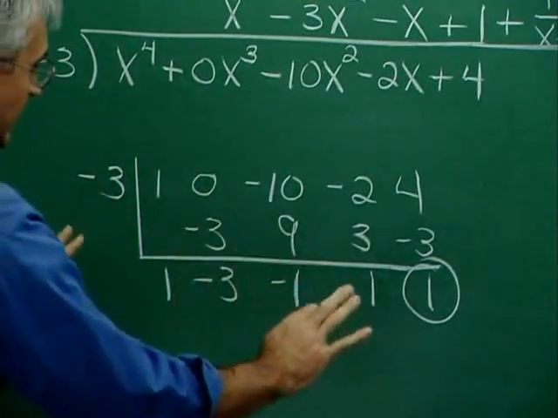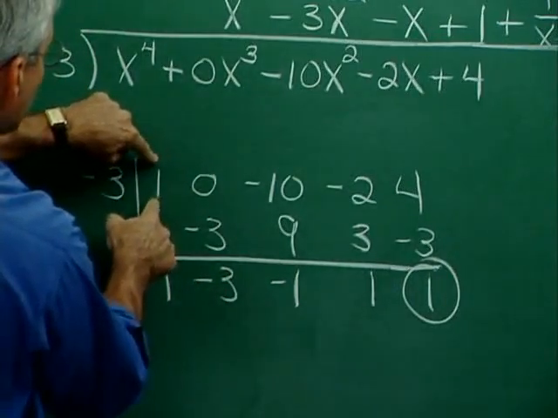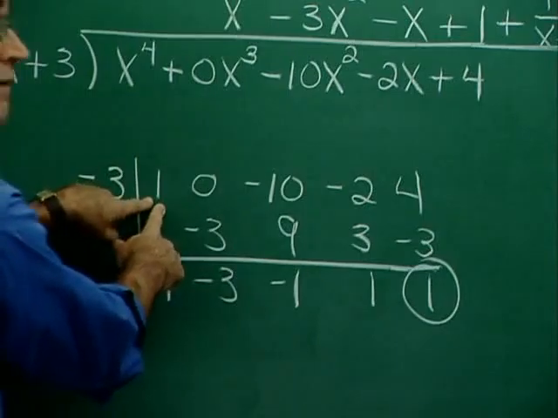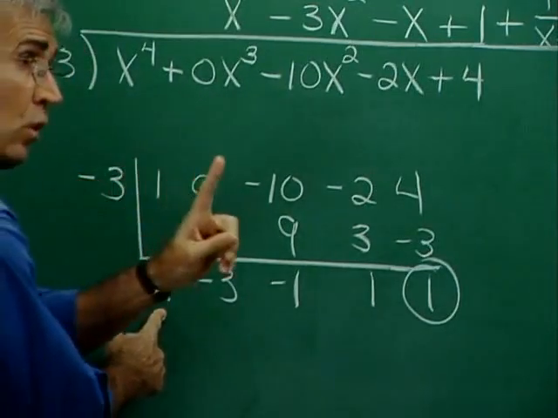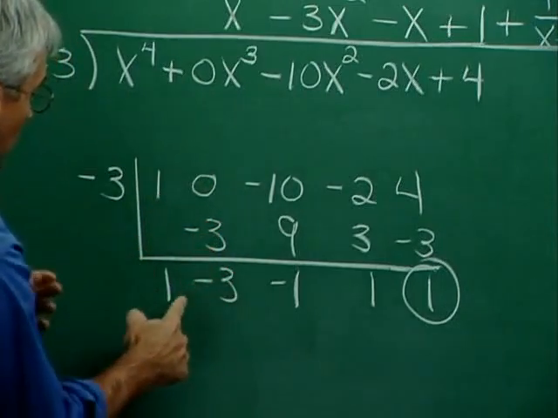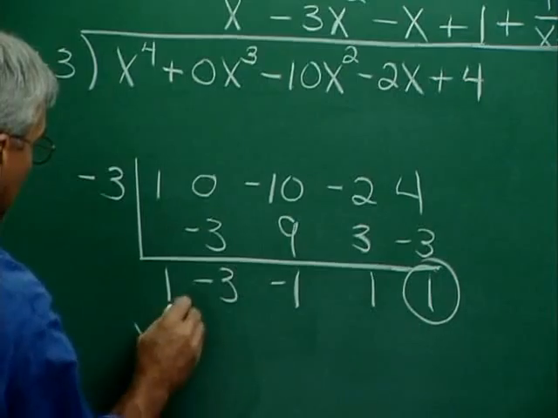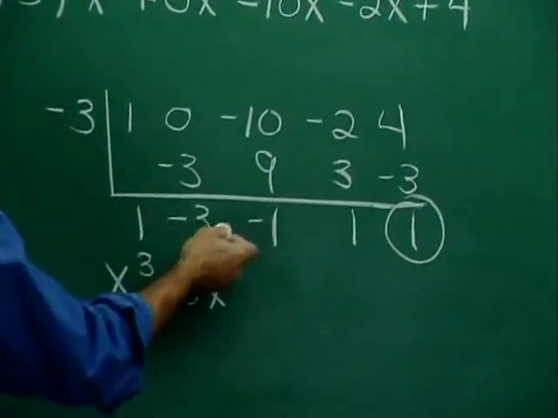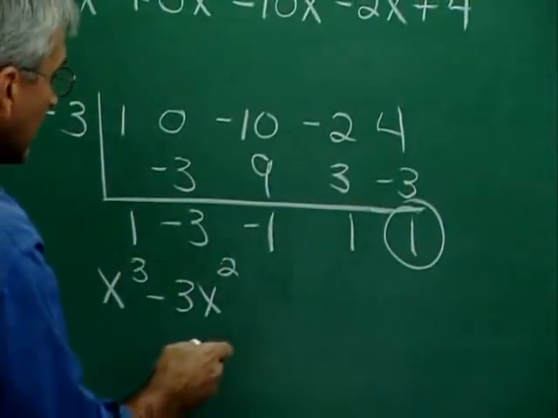Now, all we have to do to identify the polynomial is say, okay, we divide it into an entry here associated with an x to the 4th power. This entry in our answer is going to be just 1 degree less than that. So this is 1x cubed. This is -3x squared. You see, just kind of follow your nose down. Just go with the decreasing degree in each term.